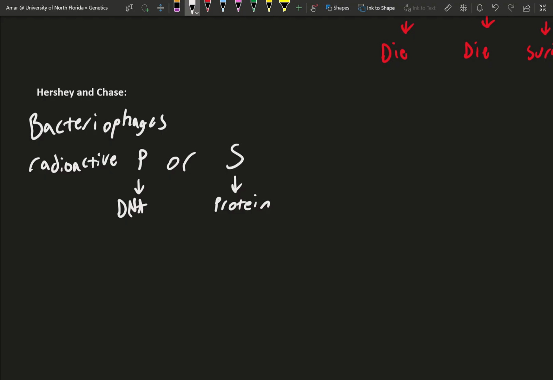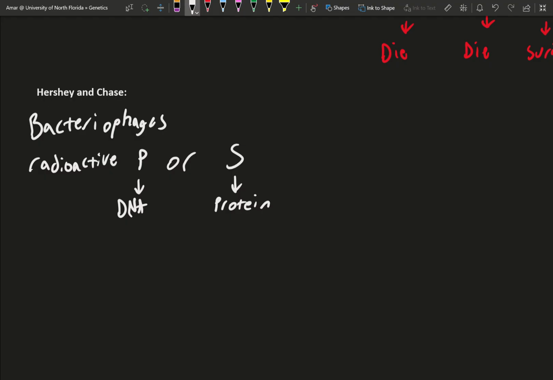So basically their experiment was pretty simple. They took the bacteriophages plus the bacteria, and they've either added the radioactive phosphorus or the radioactive sulfur into the mix. They let the bacteriophages grow a little bit.